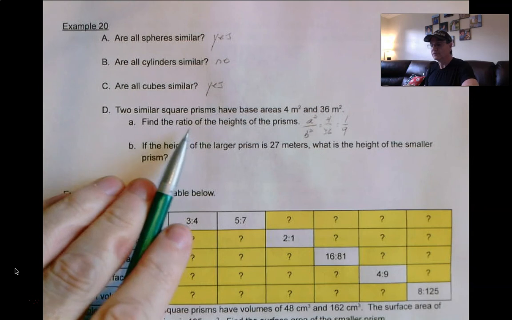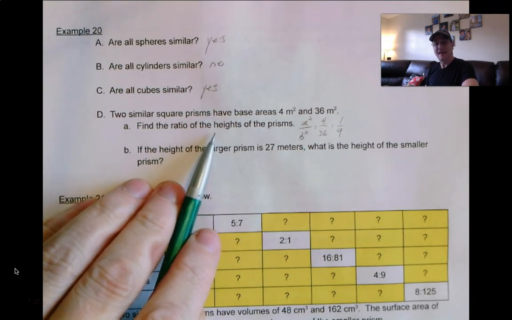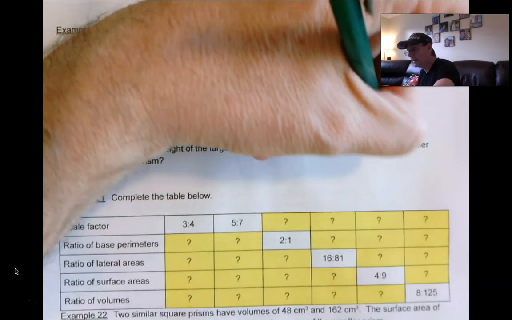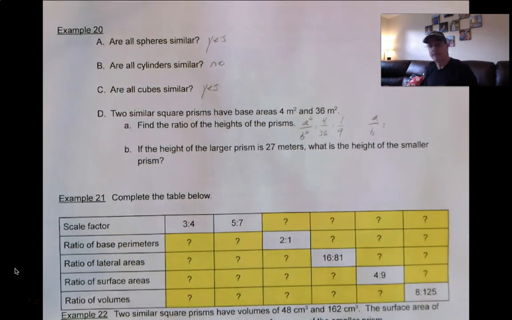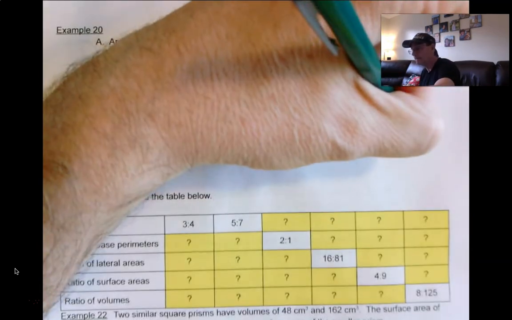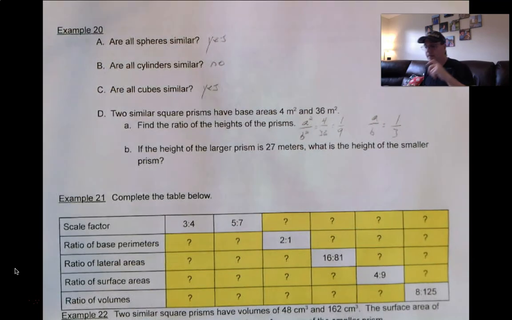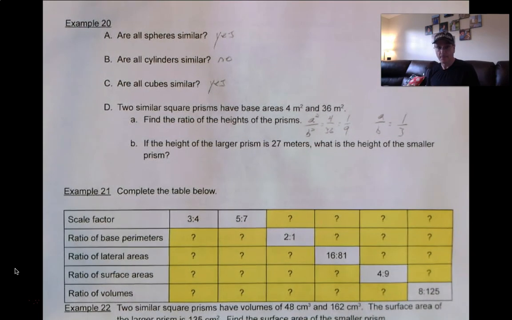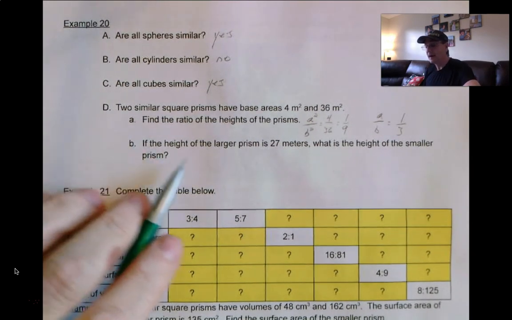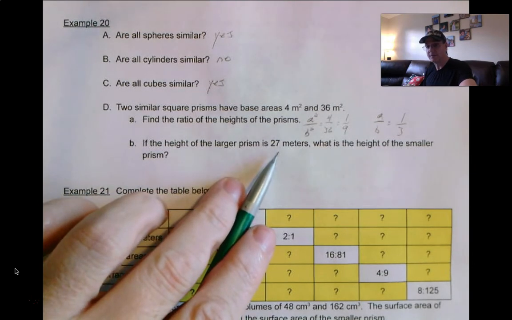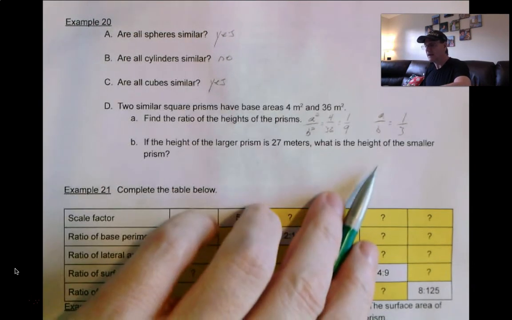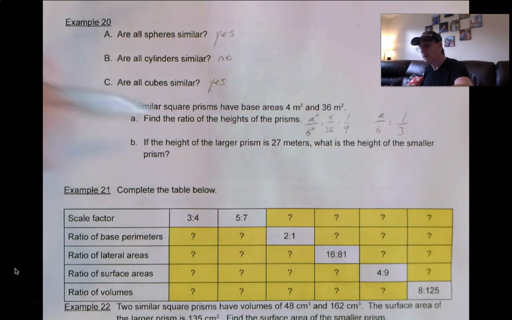What I'm looking for is the ratio of their heights. That's the A to B ratio. The A to B ratio then is 1 to 3. And there's the answer to part A. Part B, if the height of the larger prism is 27 meters, what's the height of the smaller prism? So we know they're in a 1 to 3 ratio.